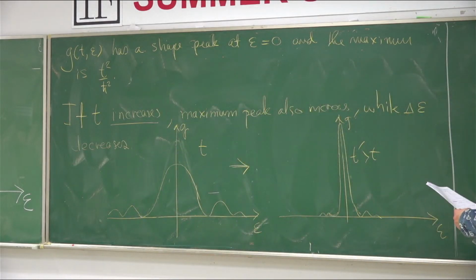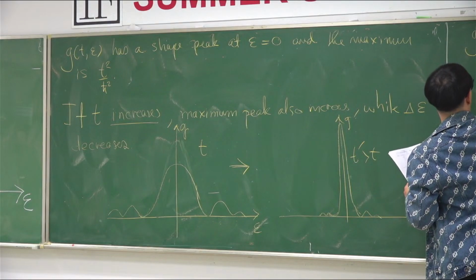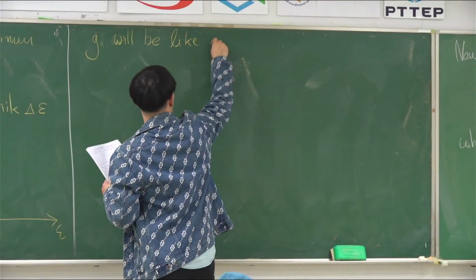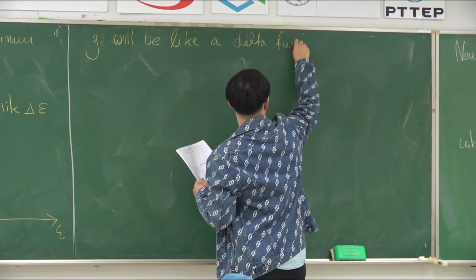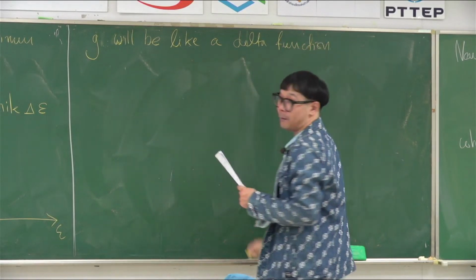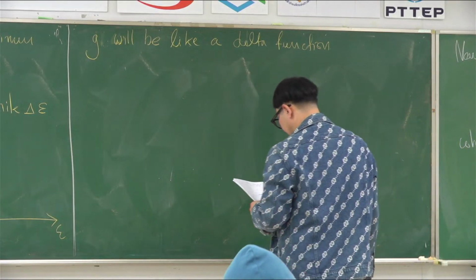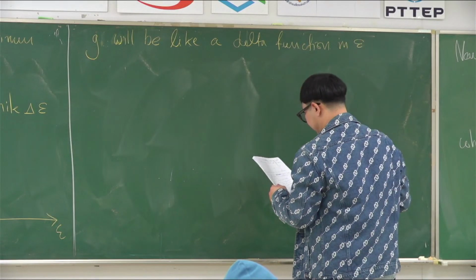So it means that if you look at this carefully, G will be like a delta function, roughly speaking, in epsilon.